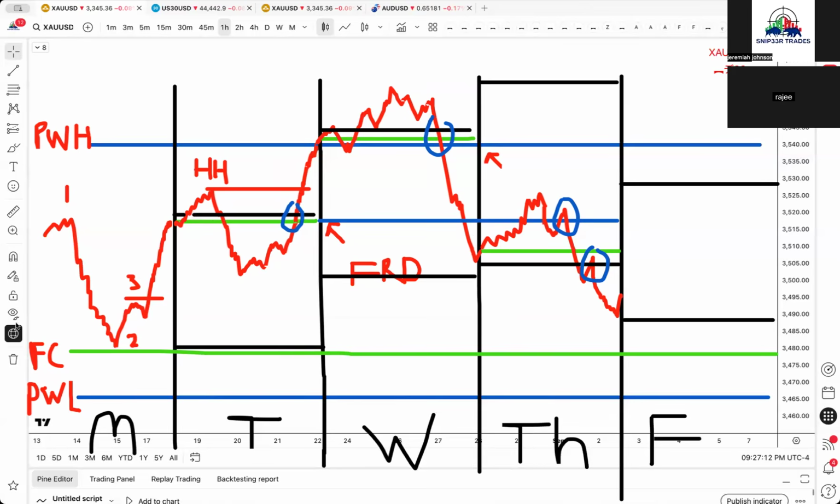And Friday, funny enough, Friday can do this. Friday can put in a peak, put in a peak, jam into the low for the pump back up.